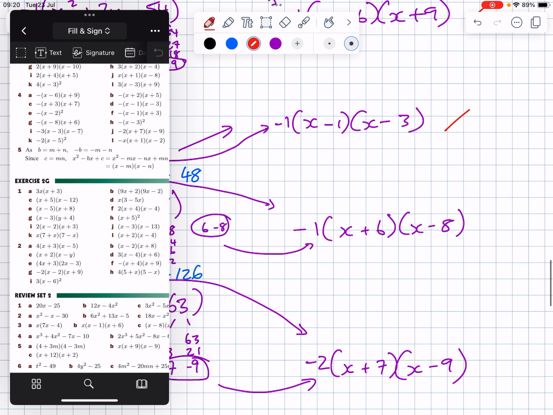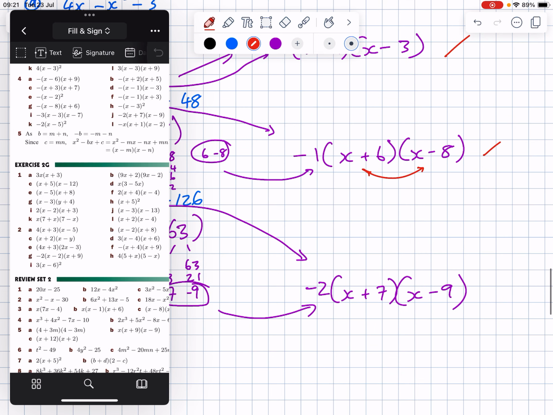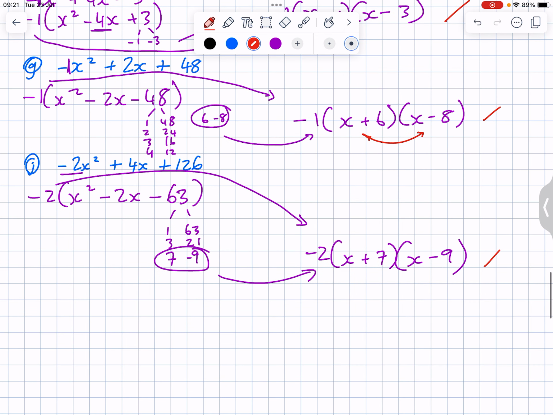G, negative x take 8, x plus 6. They've got it in a different order. But we've already established the order of multiplication doesn't matter. So these can be interchanged as exactly the same. So that's correct. And J, negative 2, x plus 7, x take 9, all correct. So hopefully that helps you out on those exercises. And I'll see you in the next video.